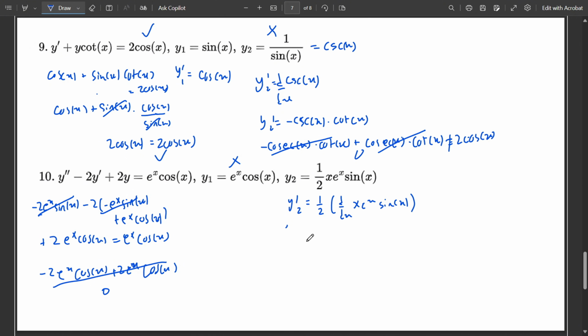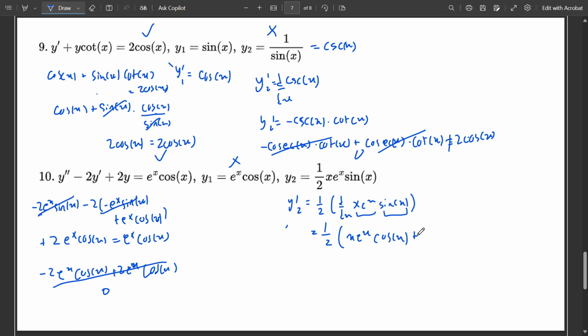Let's pick this term and this term together and this term alone. So we have a half times the product rule, which is x e to the x times the derivative of sine of x, which is cosine of x.